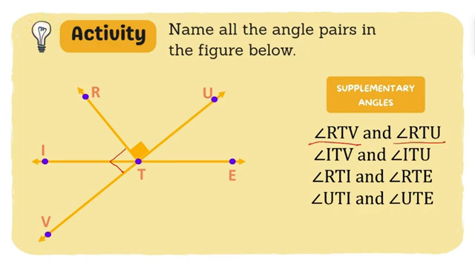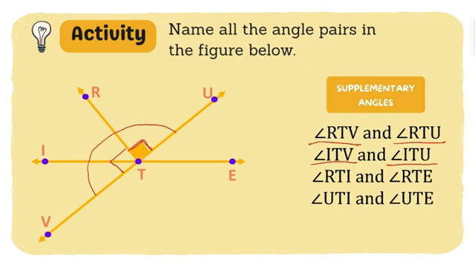At saka angle RTU, ito po, 90 degrees. So 90 plus 90, they both form 180 degrees. Next, angle ITV, this angle. And then angle ITU, ito po. So they both form 180 degrees.